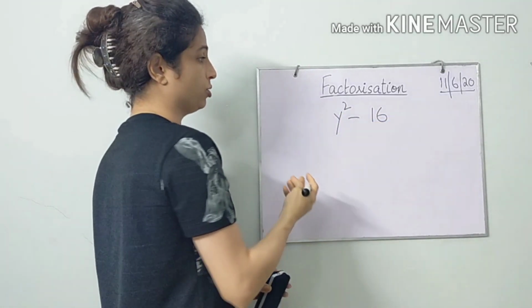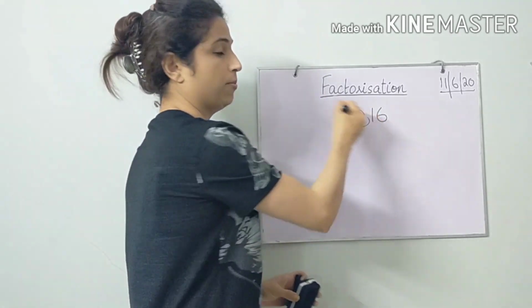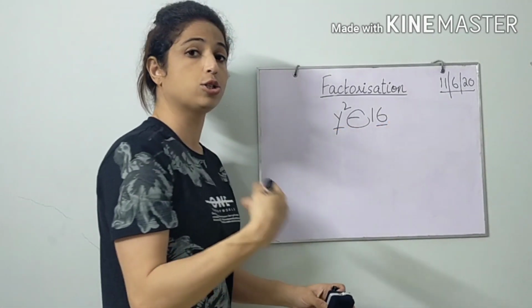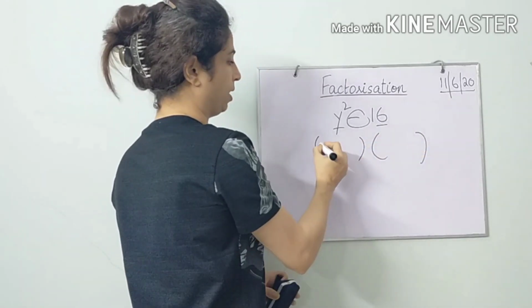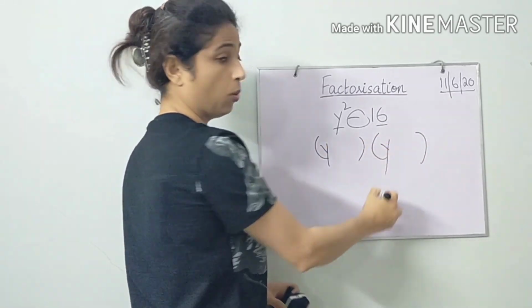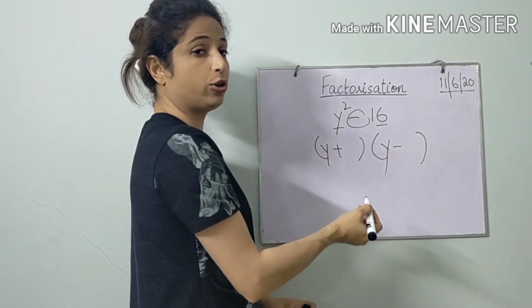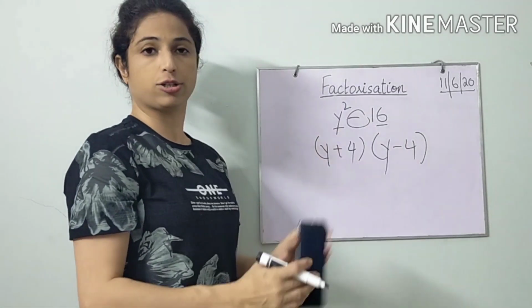The three conditions are there: there are two terms, second, there is a minus sign between them, and third, both terms are the squares of a number. So we'll just go by that formula. We'll write y plus, minus, and then what is the square root of 16? 4. And these are the two factors of this expression.